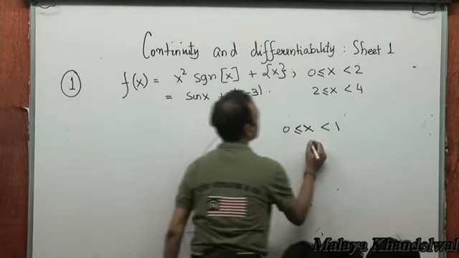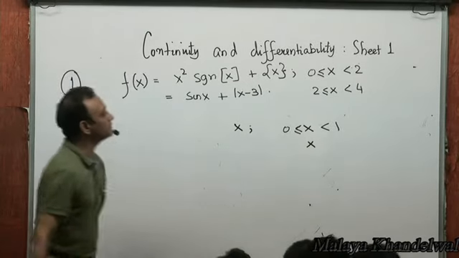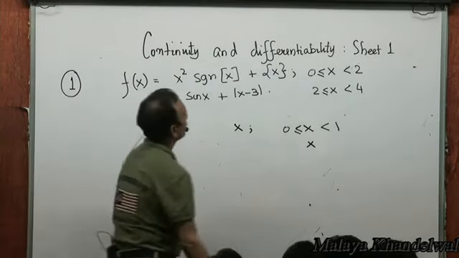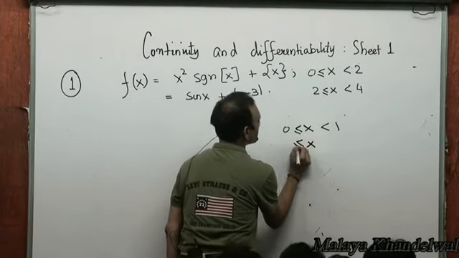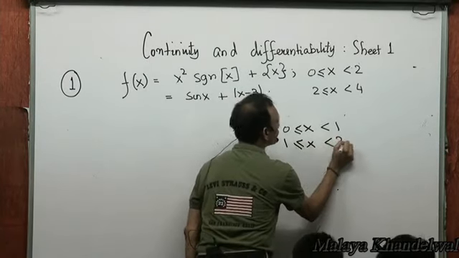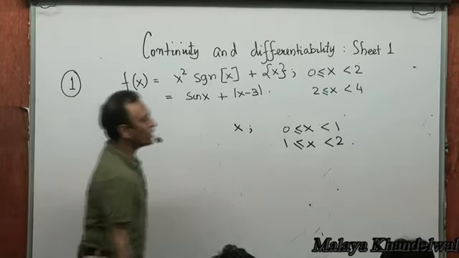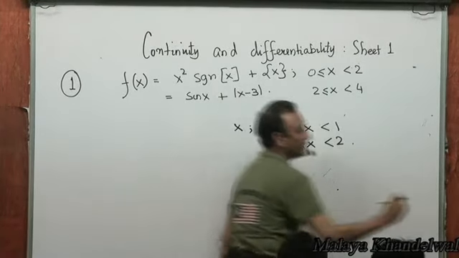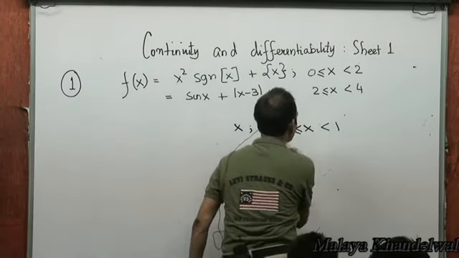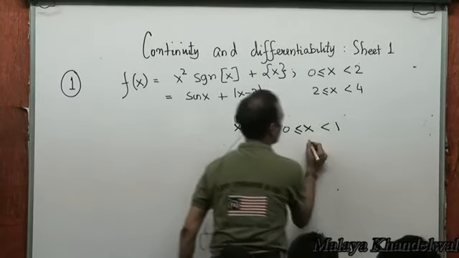Then for x greater than or equal to 1 but less than 2, let me for the time being look at x equal to 1 separately, and see if I can merge.